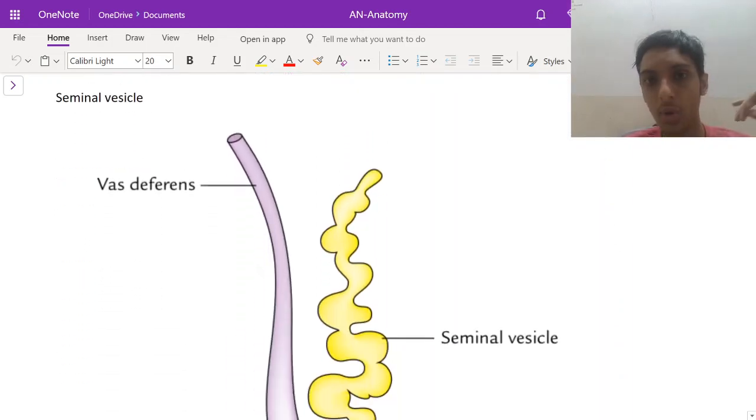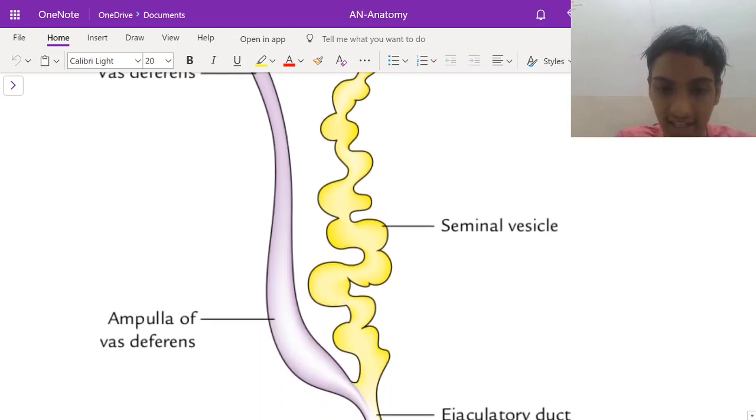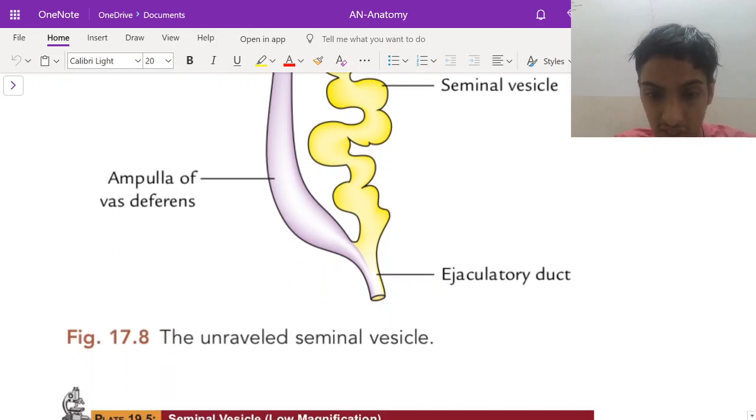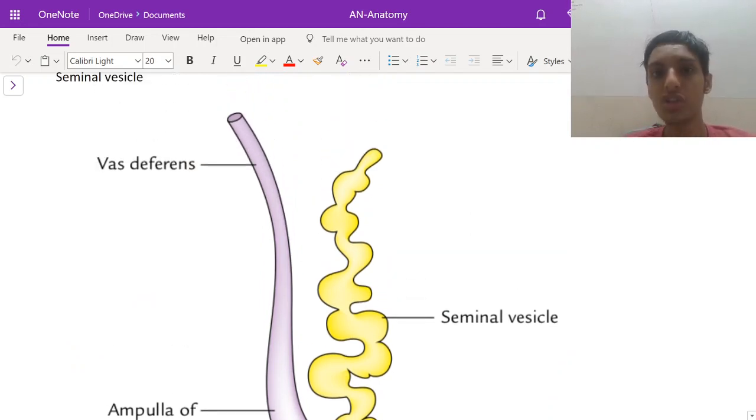Alright, now let us go to the seminal vesicle. The seminal vesicle is a small dilated sac or pouch which extends from the ejaculatory duct. This is important for storage of the sperm, and it also contains a fluid called vesiculase that has fructose, some enzymes and choline.